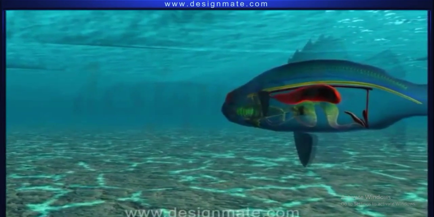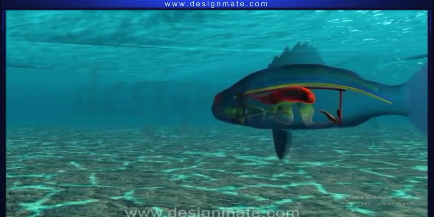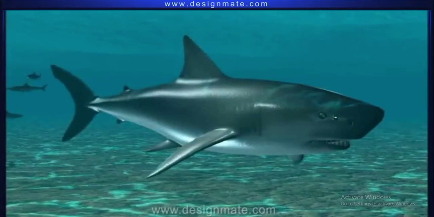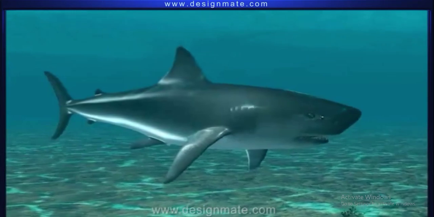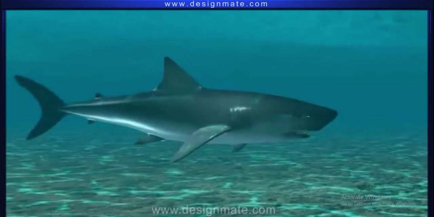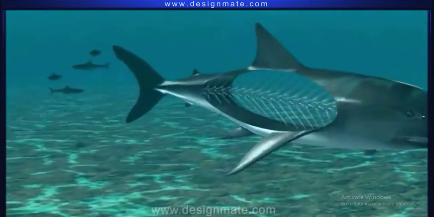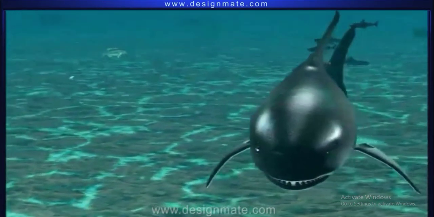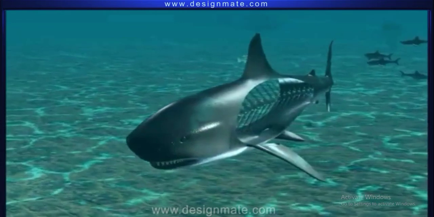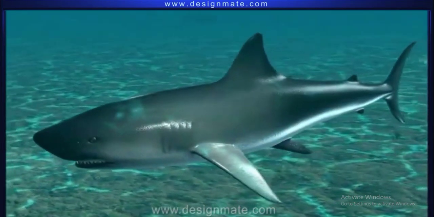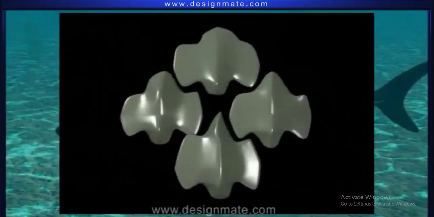They are classified into 2 classes. 1. Class Chondrichthyes. Animals of this class possess an endoskeleton of cartilage only, and skin possesses exoskeleton of placoid scales.